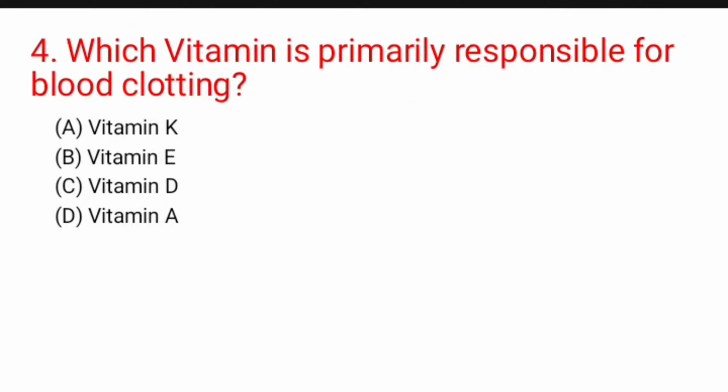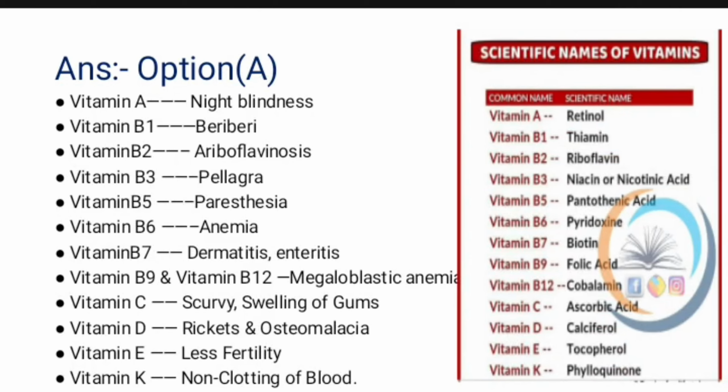Moving on, this is a biology related question. Which vitamin is primarily responsible for blood clotting? Before answering the question, let us have a discussion on the vitamins. Vitamins are fat soluble and water soluble.